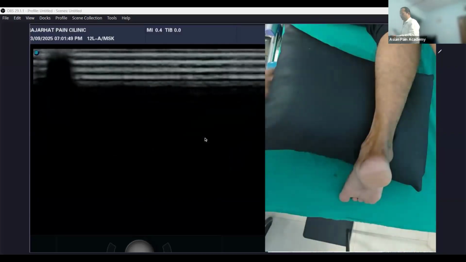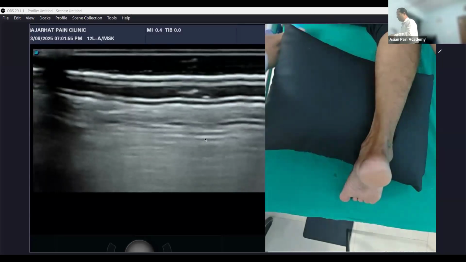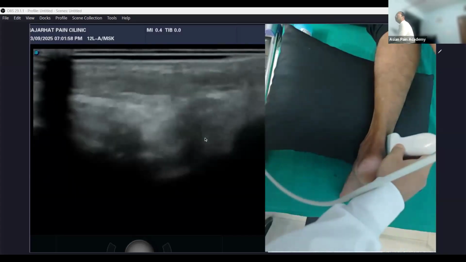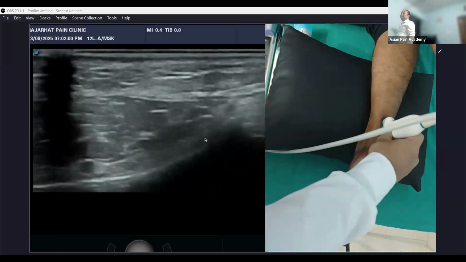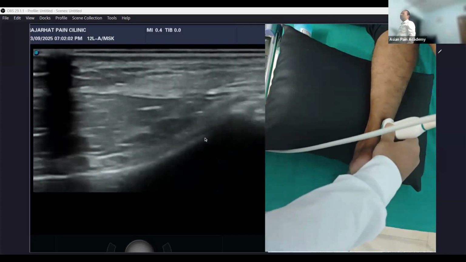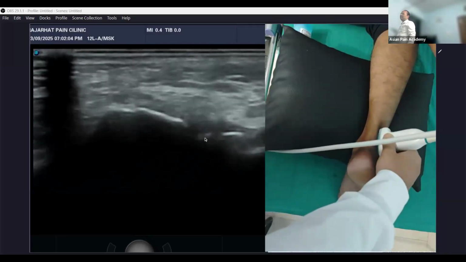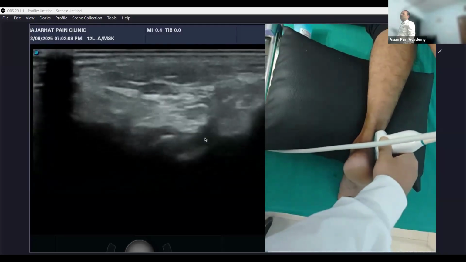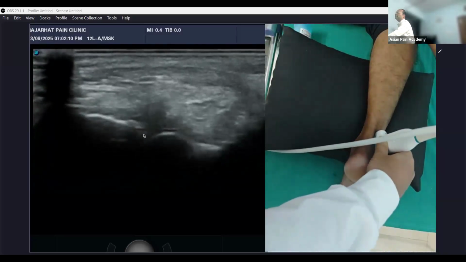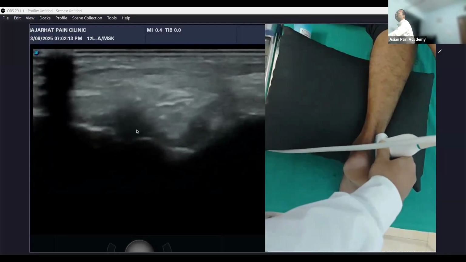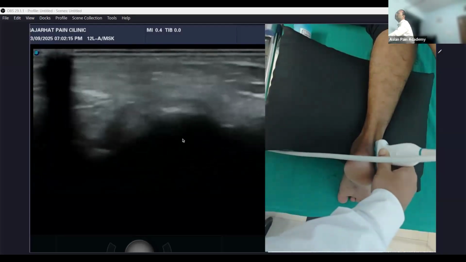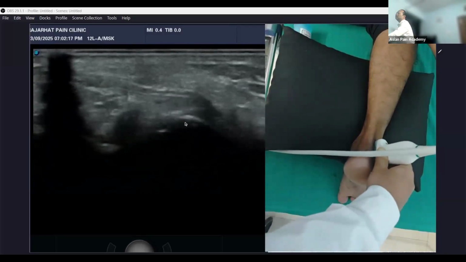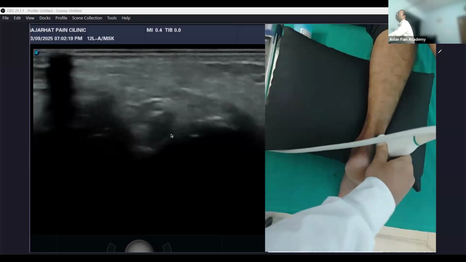Now I show you from the lateral side. The findings are similar on every side. So this is the tibio-talar joint area, and of course this is the talocalcaneal joint area, talus and calcaneum.